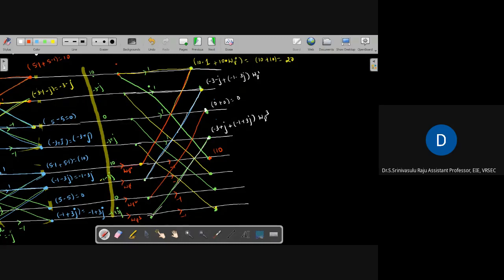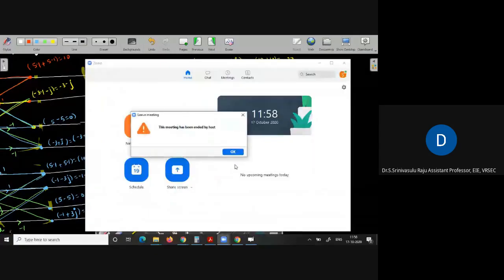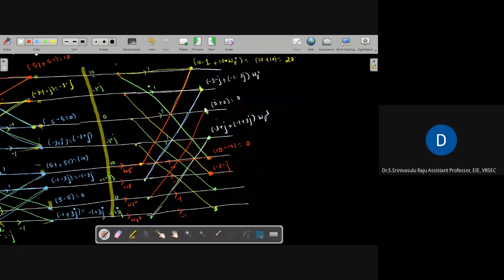10 multiply with W8 of 0 means 1, 10 ones are 10, again multiply with -1, so 10 minus 10, so the answer is 0. Now you see this point, -3 minus j will come and occupy this position, and now here we have -1 minus 3j multiply with W8 of 1.